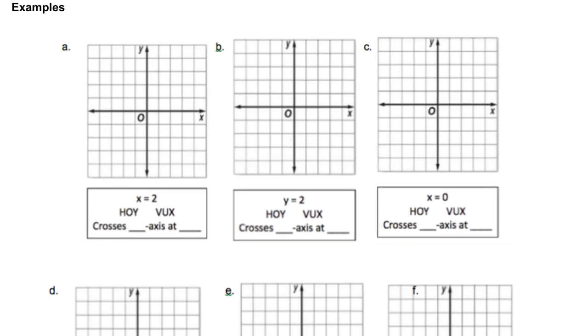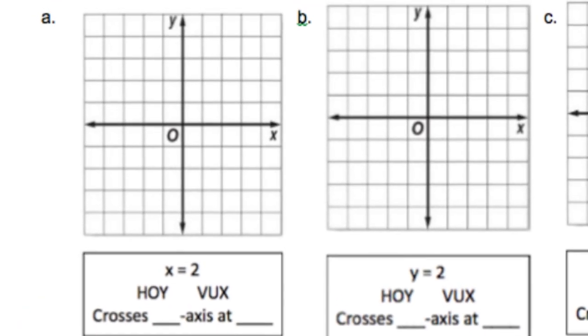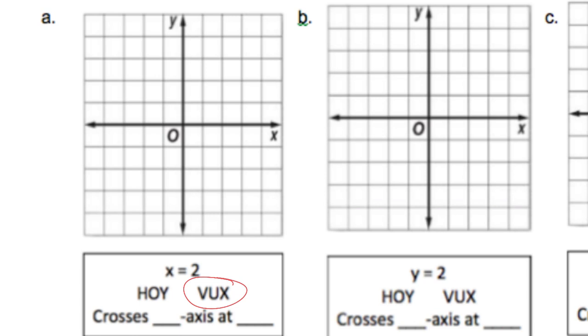It tells me x equals 2. Since we have an x in that equation, that tells me it's going to be a VUX. So if you want to help yourself out by talking about the VUX, since it's VUX, it's going to be a vertical line.